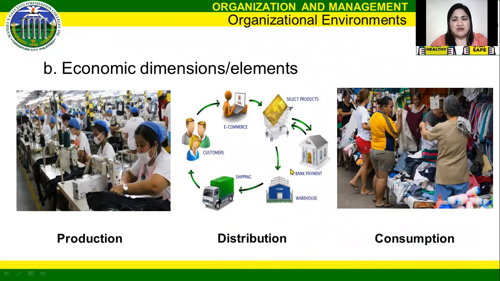So when products and goods are distributed, and when the products or goods go out of the business establishment or organization, we cannot control kung paano po yung mga problema or challenges that would be experienced by our distributors.